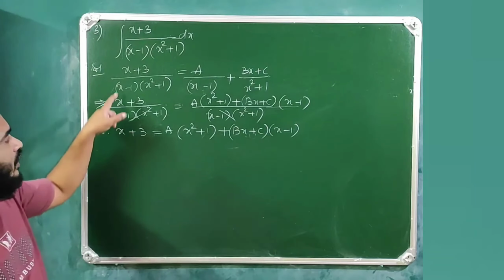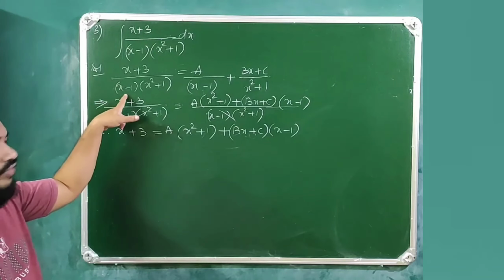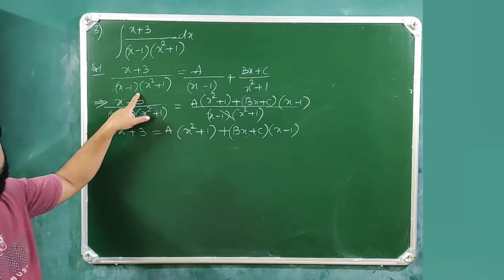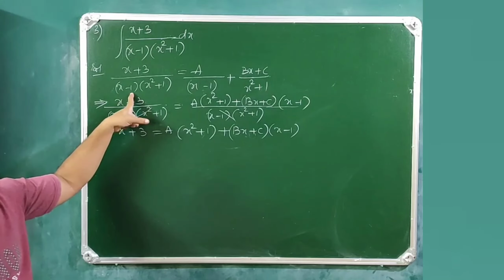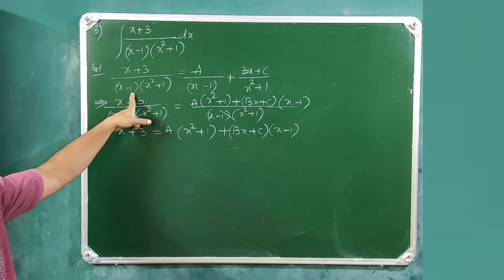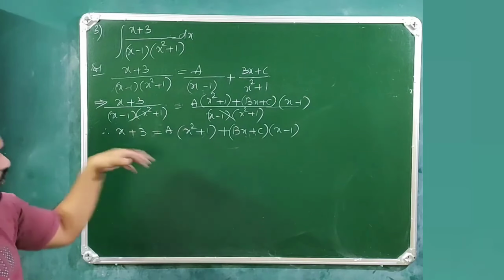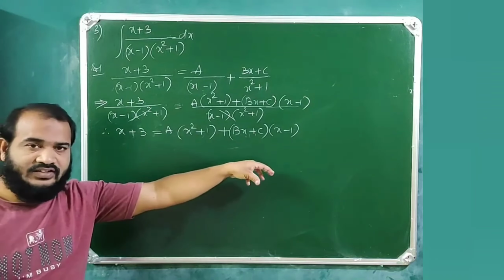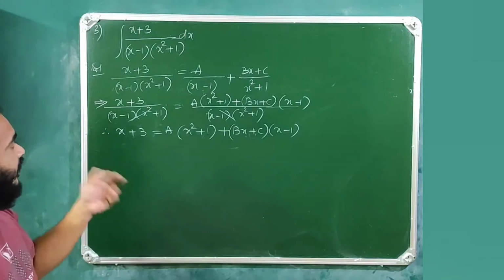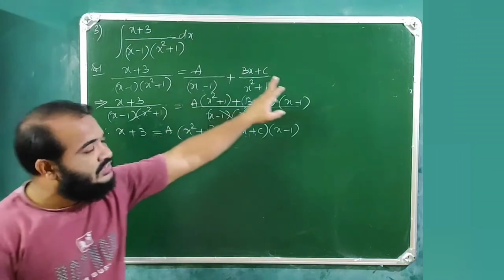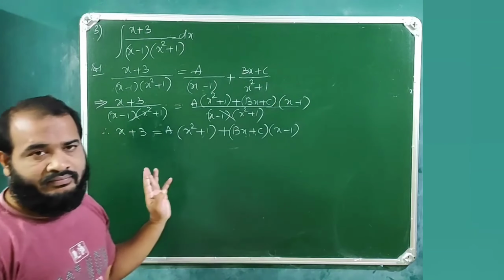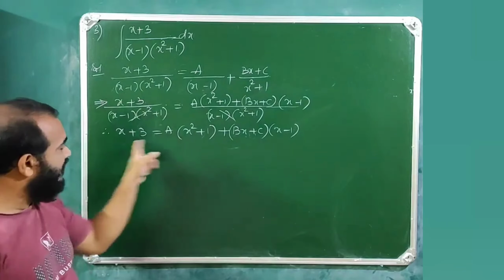So here we only have the linear factor in the form x minus 1. So x minus 1 is the factor where, if you equate it to 0, x equals 1 is the root which we are going to substitute for x in this equation. And then one of the three constants we will get by substituting x equals 1 in this.